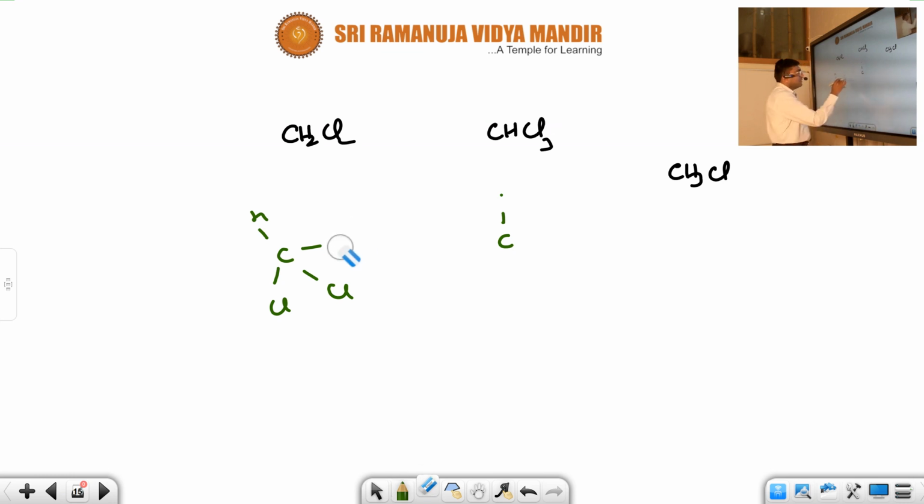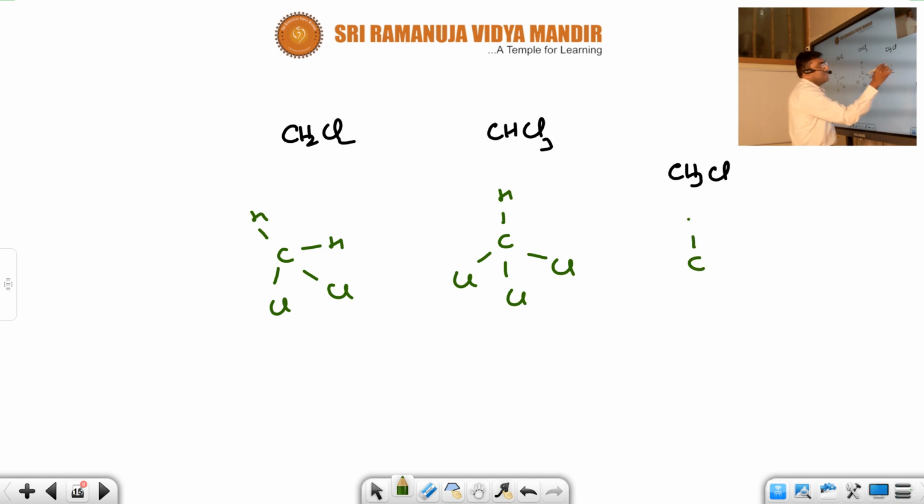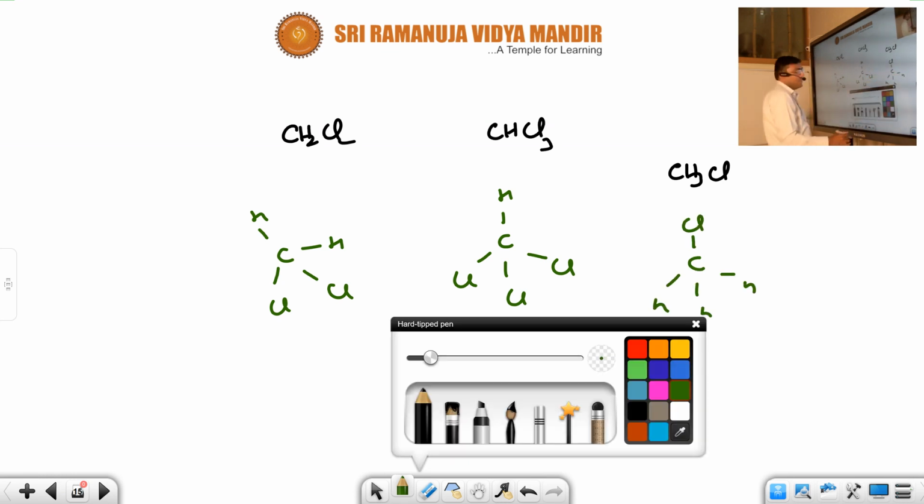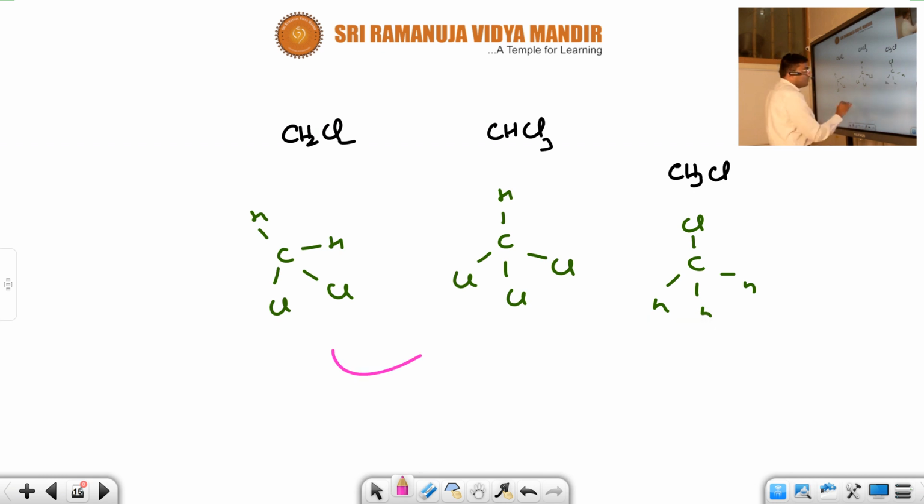Now CHCl3. Mind you, students, all these molecules are unsymmetrical, so the dipole moment is non-zero. Dipole moment is non-zero because they are all asymmetrical. They are not symmetrical systems.